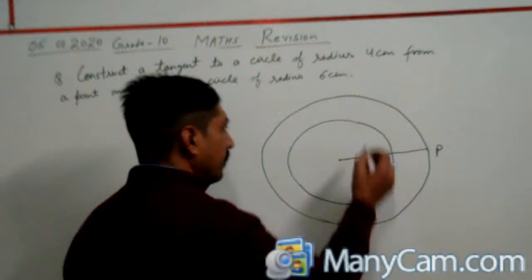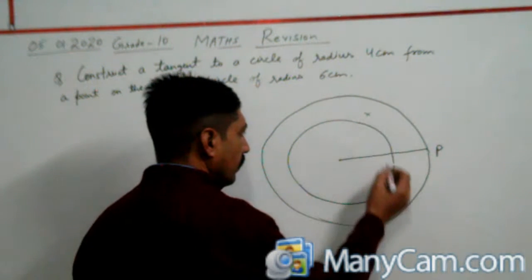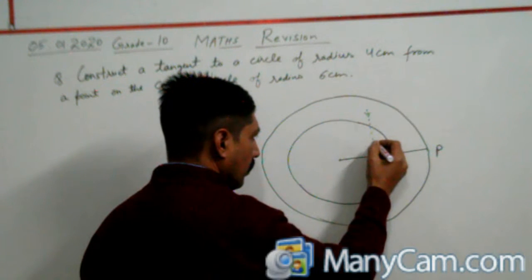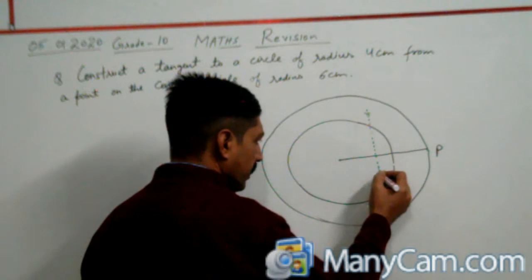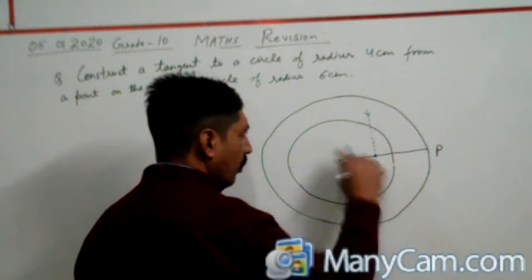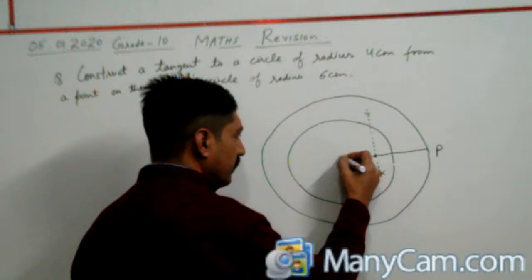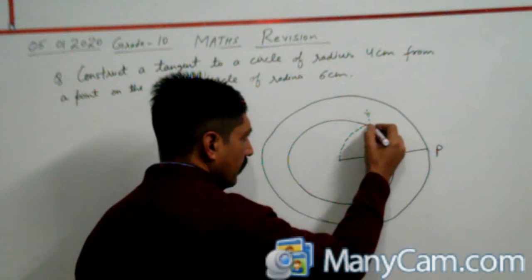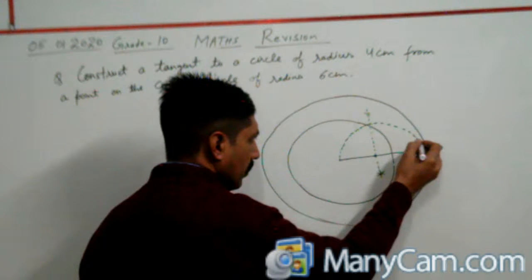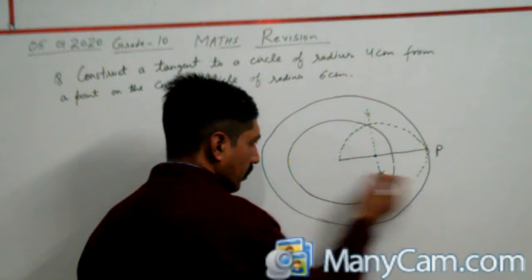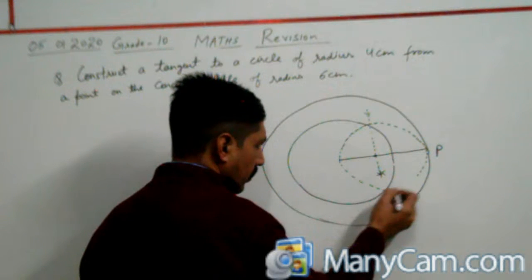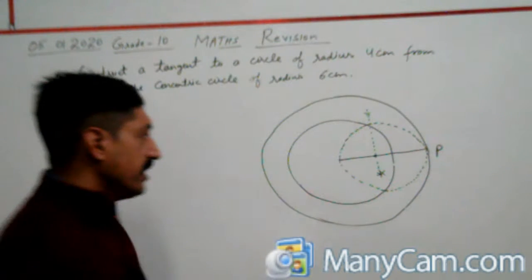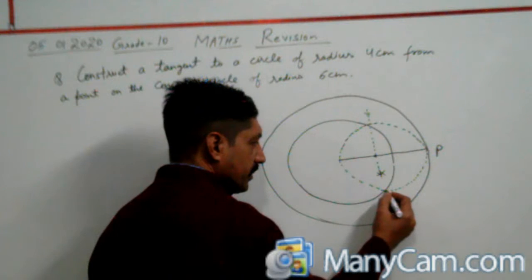So here with the help of a perpendicular bisector, from this point we will draw one more circle, and where this circle cuts, these are the points of contact.